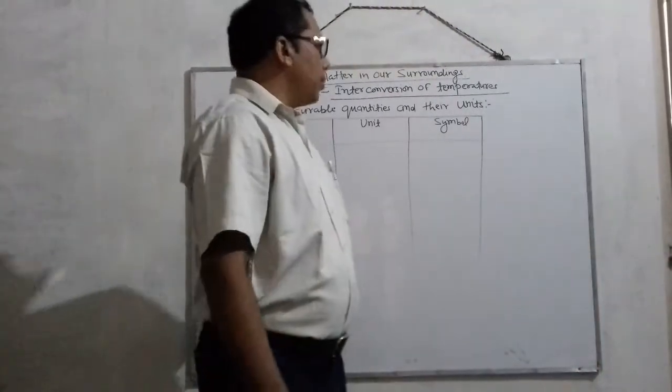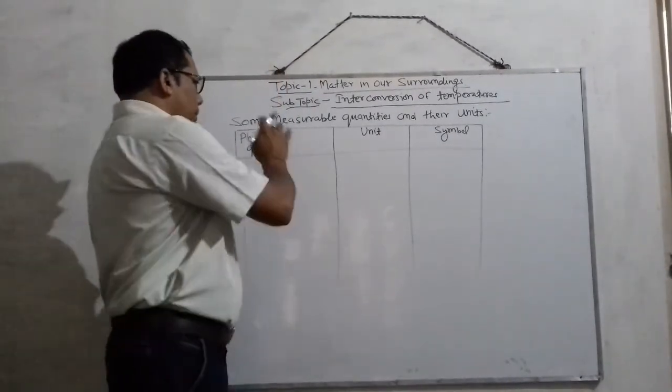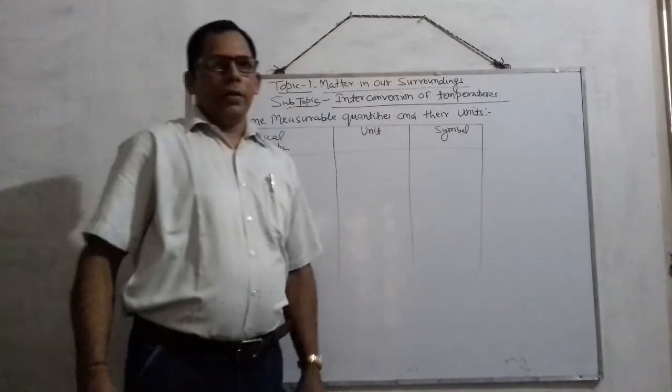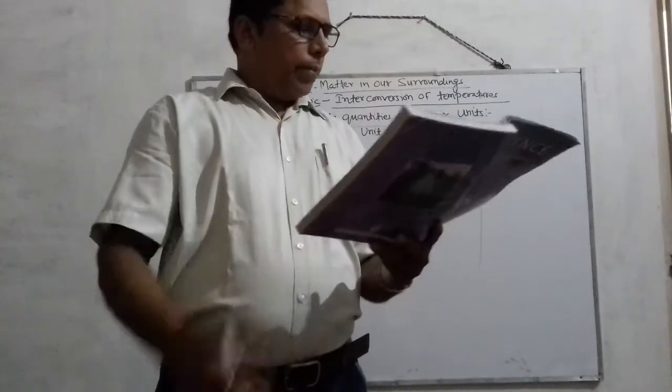But before that, I would like to discuss one more important point, that is some measurable quantities and their units, which is given in your book at page number 12.